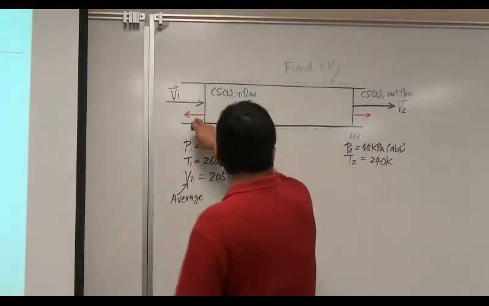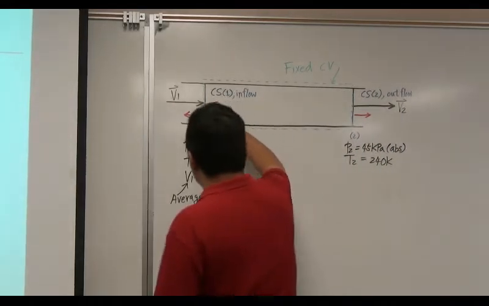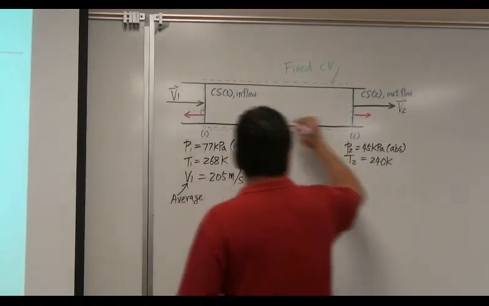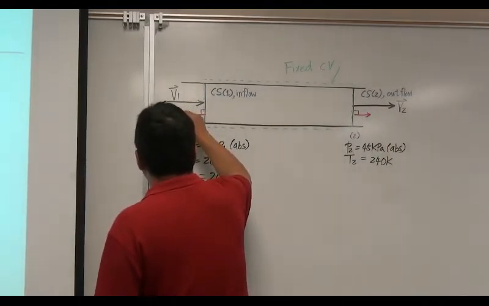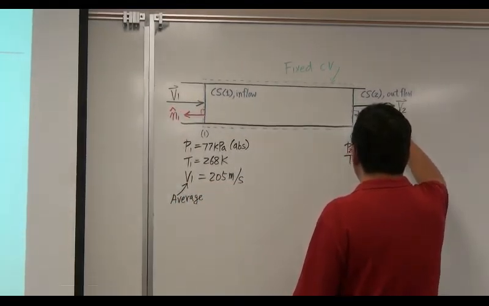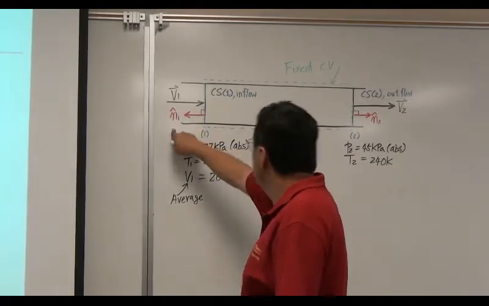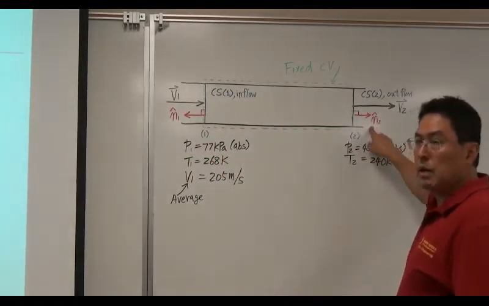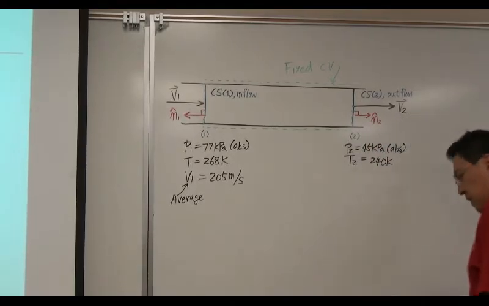Unit means this is a unit vector. Magnitude is 1. Normal means this is perpendicular to control surface or area. This is N1, this is N2. This is outward unit normal vector of control surface 1. This is outward unit normal vector of control surface 2. Okay, that's good.